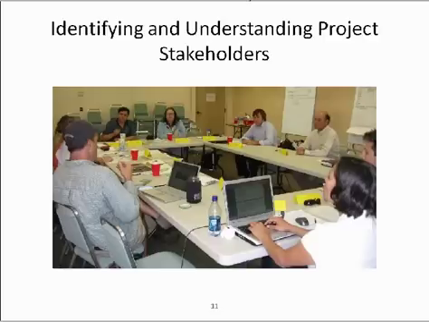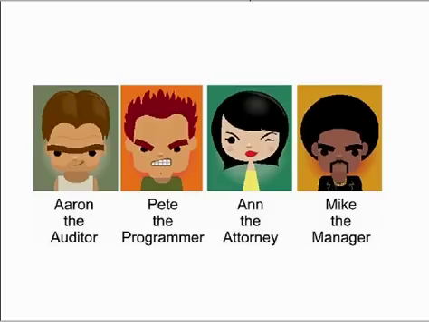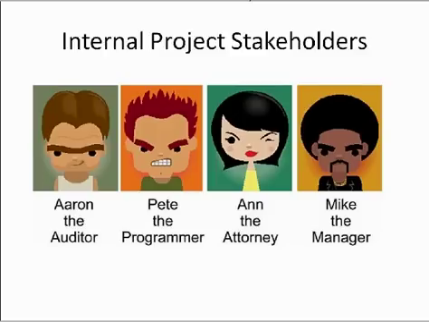So it's important to understand and identify the project stakeholders. In this case, it's the internal project stakeholders. In the graphic here, there's Aaron, the auditor, Pete, the programmer, and the attorney, Mike, the manager. And you'll identify your own internal stakeholders.